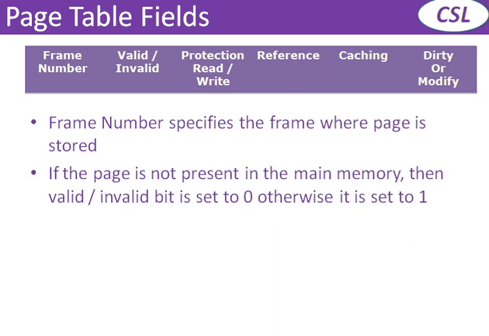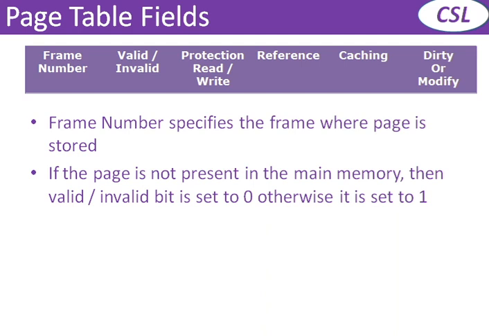The second field is the valid or invalid bit. Sometimes the referenced page is not available in the memory. In such a situation, that concept is generally called page fault, which we will discuss in detail in the next video. But for now remember, if the page is not available in the main memory, that is called a page fault.